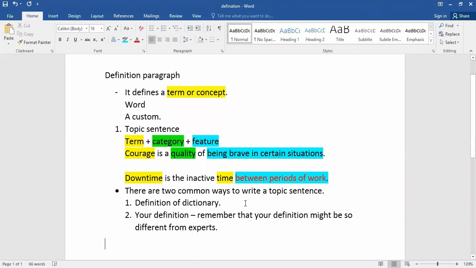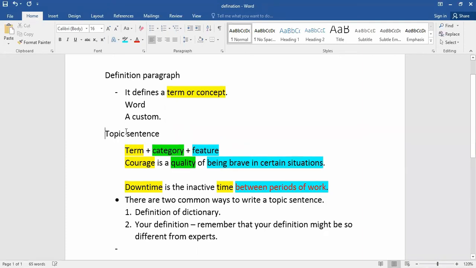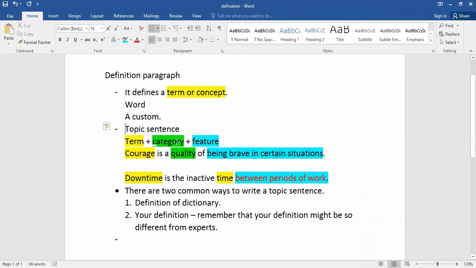Number two: the supporting sentences. In supporting sentences, we have one structure.